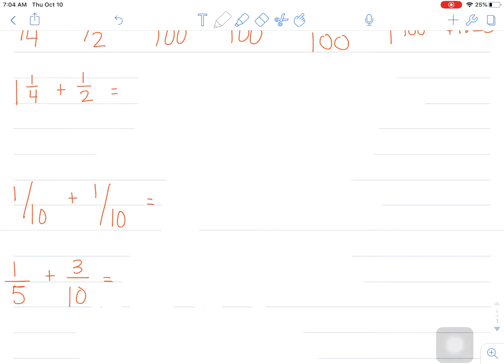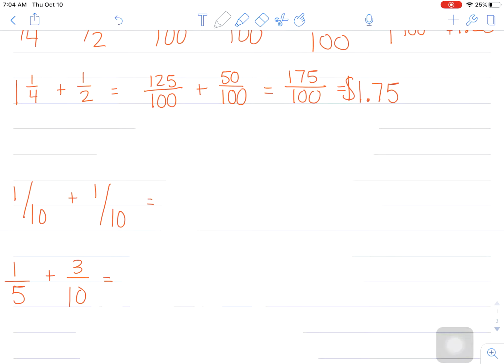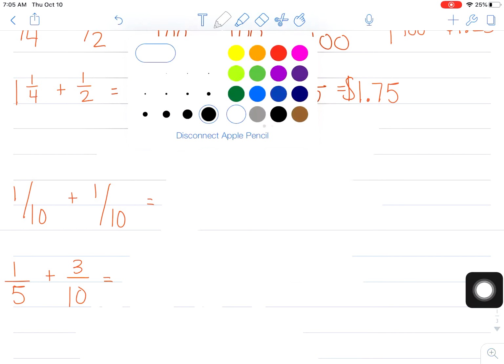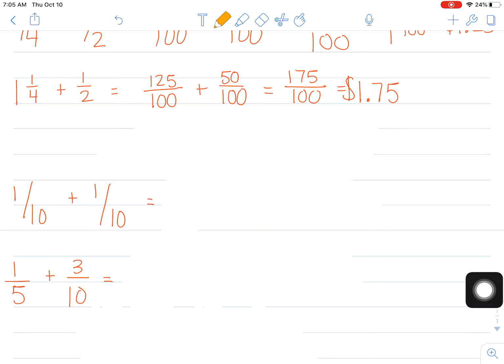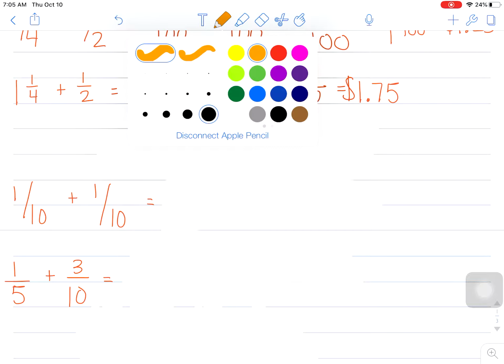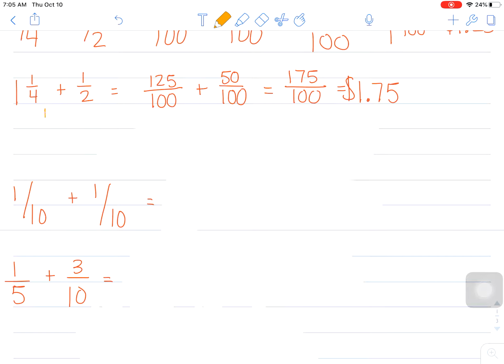Okay, hopefully you solved the problem, and we're just going to review what a potential answer could be. In this case, what I have done is I have expressed 1 1/4 as 125 hundredths. Another way to represent this could also be to write 1 and 25 hundredths.